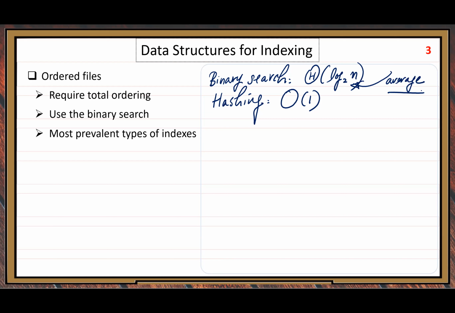So here, you may argue that hashing is faster than binary search. Some of you may want to ask me, why not just always use hashing, then we can do faster.